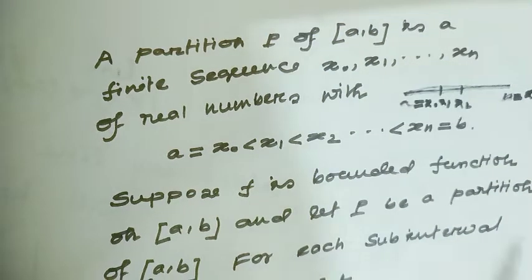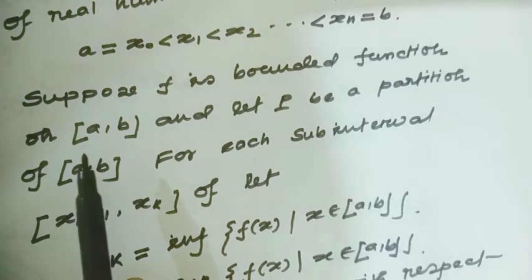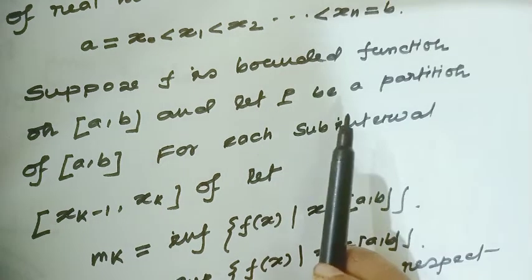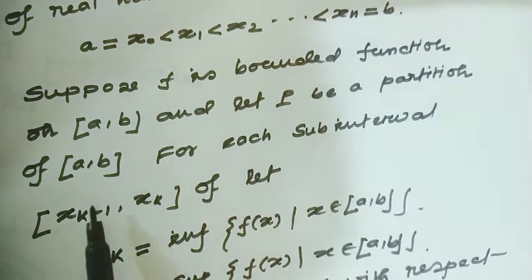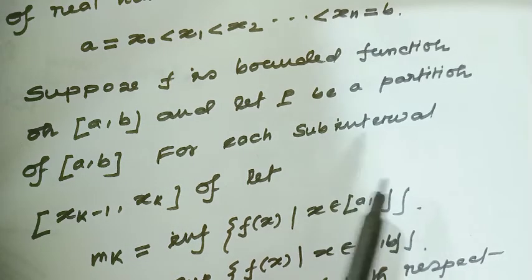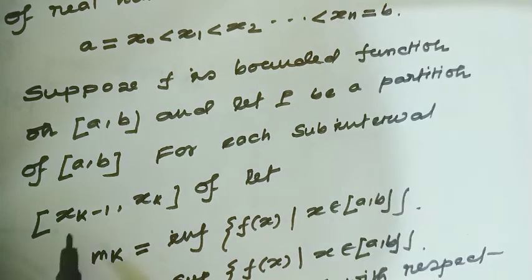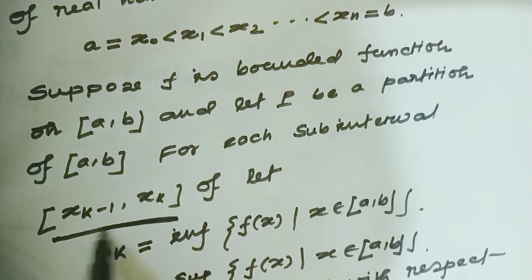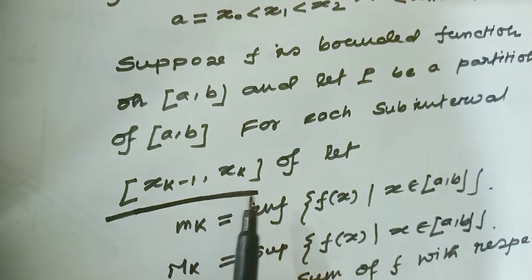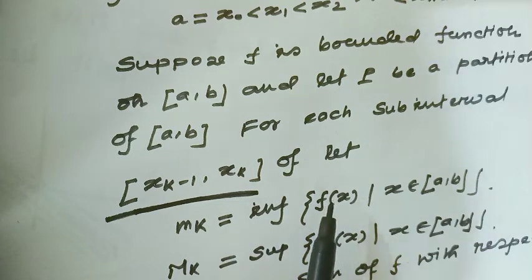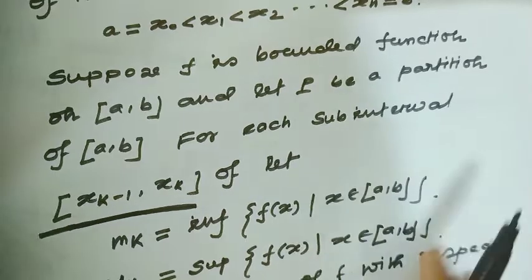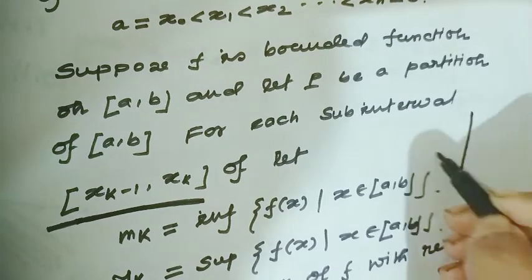And suppose f is a bounded function on the domain [a, b], and let capital P be a partition of the closed interval [a, b]. Then for each subinterval, denoted as the closed interval [x_{k-1}, x_k], first see the graph.